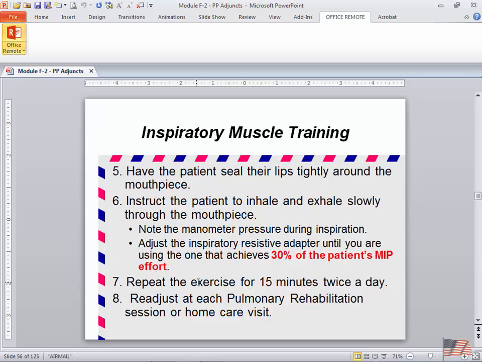We're going to seal their lips tightly, and monitor the amount of pressure that they can generate. They're going to do that for about 15 minutes, a couple times a day. Next time they come in for the pulmonary rehab, we see how they're doing in that setting, and we increase the resistance as time goes on.